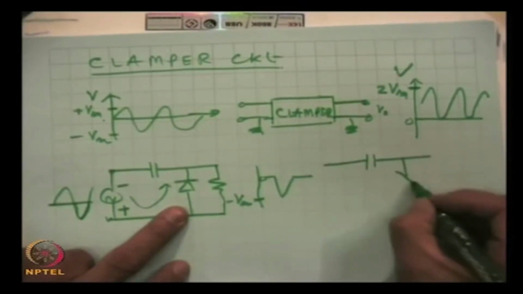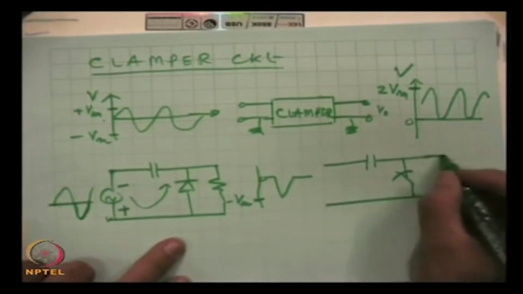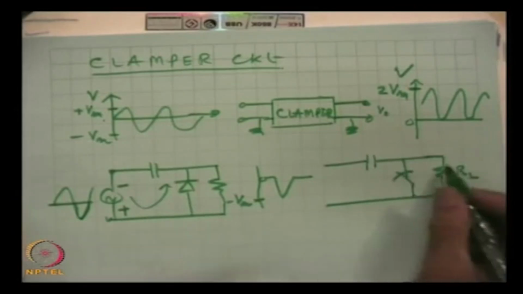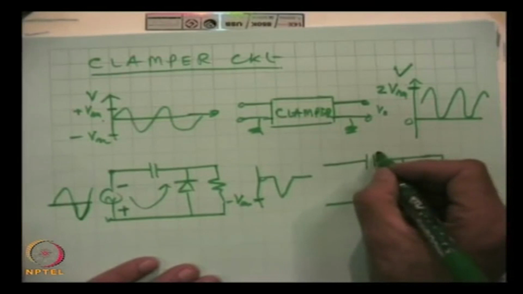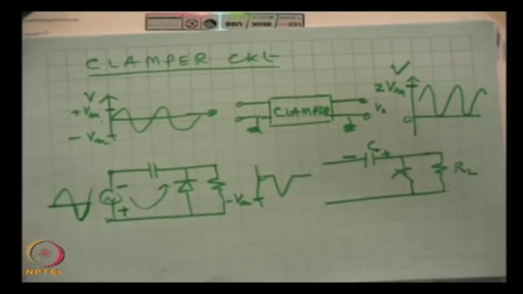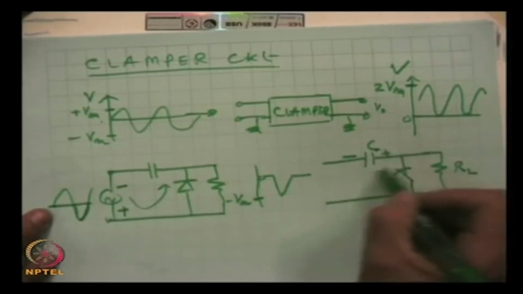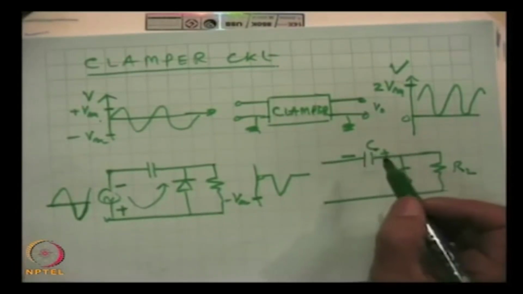This is a short diode and this is the load, 0 resistance. So, nothing will appear, but the current will flow here, and this will be charged with this polarity. And at the positive half, this will act almost as a battery now.